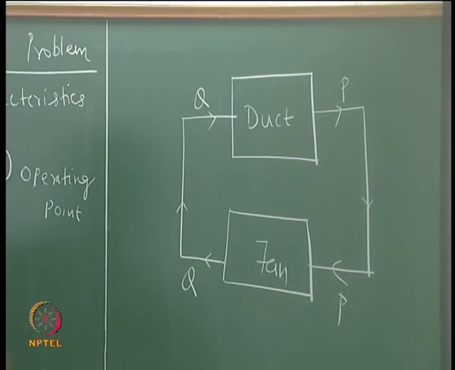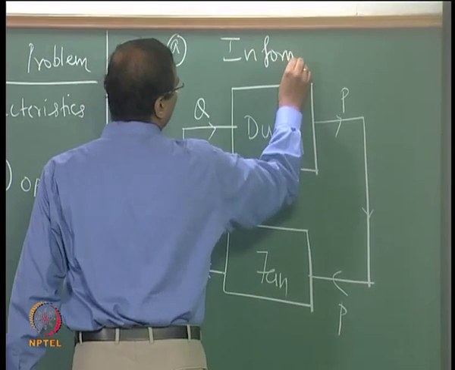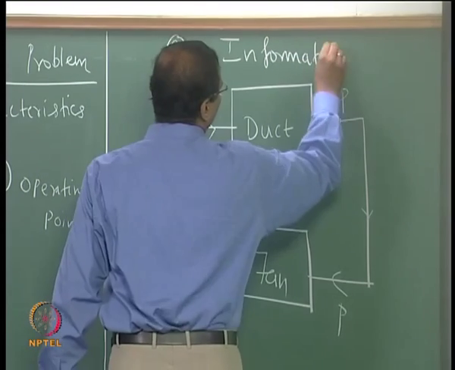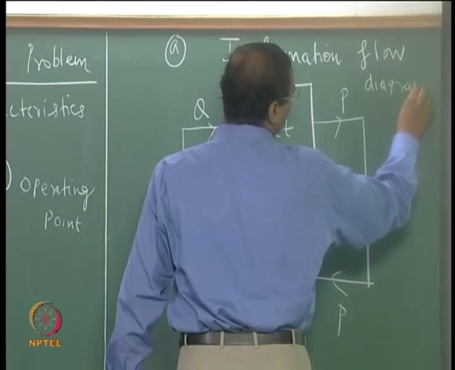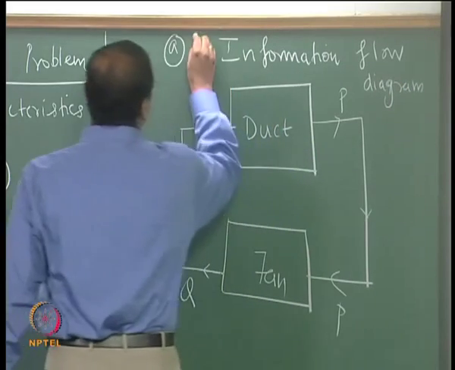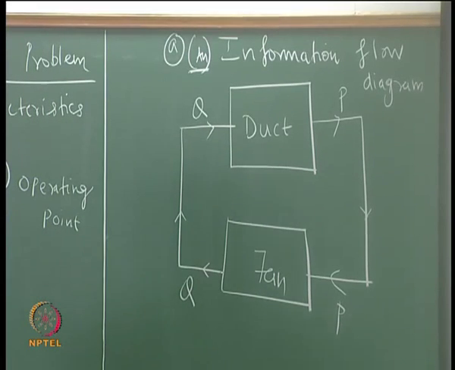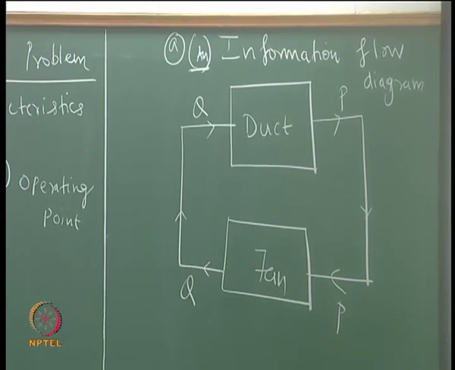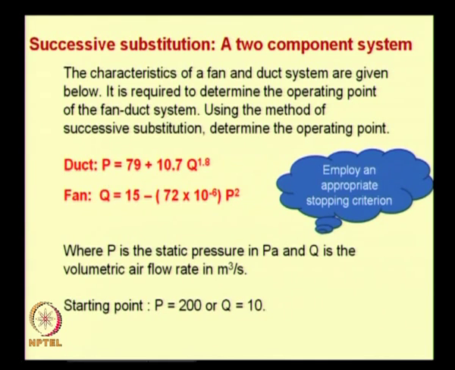This is A. You can qualify: it is not the information flow diagram, it is an information flow diagram, because there is no law which forbids you from rewriting this equation as Q equal to ((P minus 79) divided by 10 to the power of 7) whole to the power of 0.55. So this is an information flow diagram.